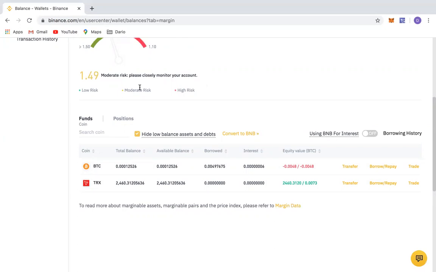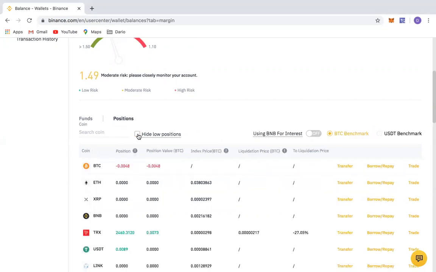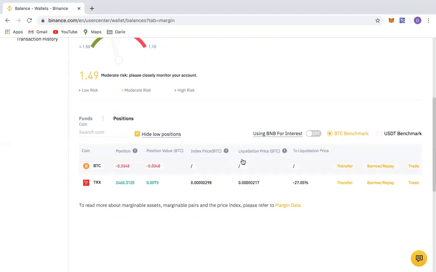I use this for an investment style of trading, and I use the futures platform for that other style of trading. So I go to positions, hide low positions, and you're going to see I've got my TRX. I've borrowed 3 times the amount to buy it. It's got the price here, the position value, and the liquidation price, which is minus 27% from my entry.